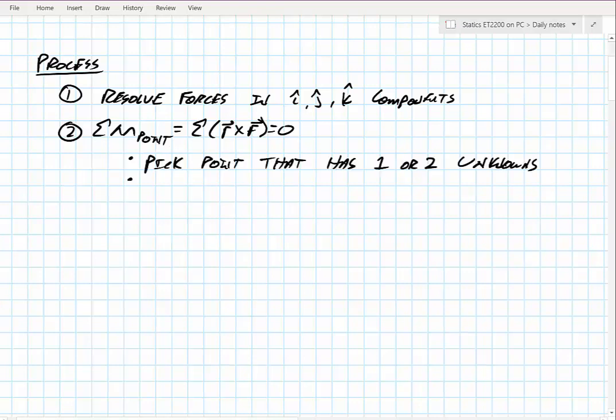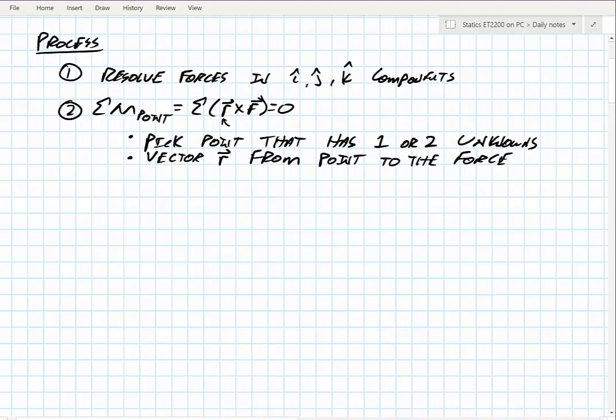Another point we need to point out is with this radial arm vector, you have to get your direction correct. Vector r is from the point to the force, starting at the point that you're doing the moment about and going out to the force.